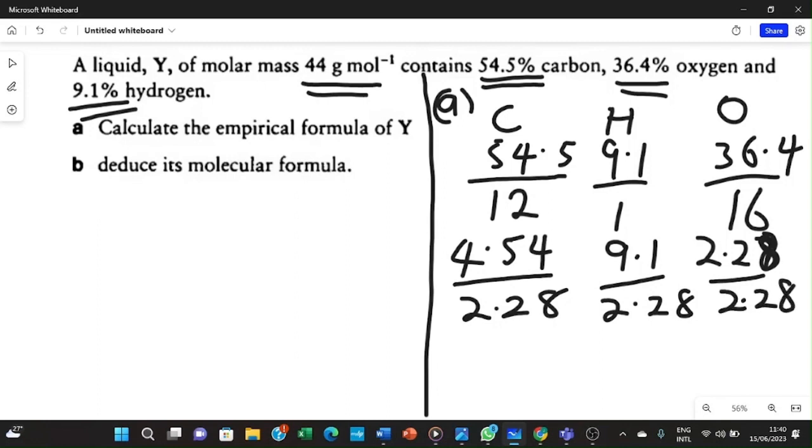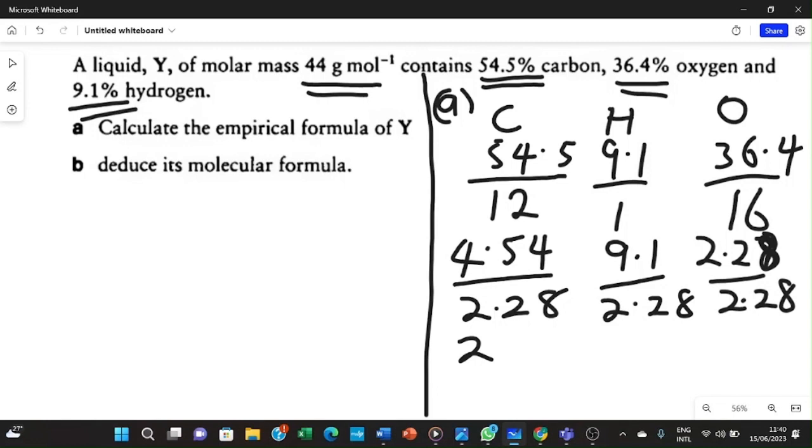To get the mole ratio, you get the simplest ratio. You know the empirical formula shows the simplest whole number ratio of each of the atoms or elements that are present. So using my calculator, 4.54 by 2.28, you have 1.9, which is approximately 2.